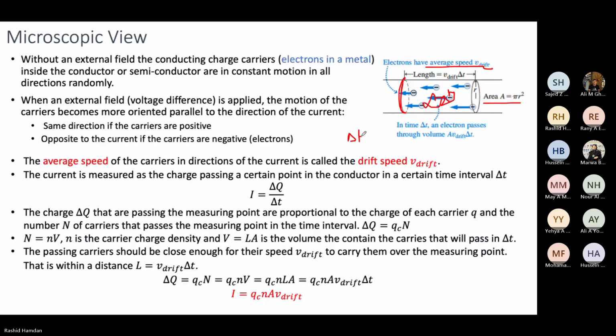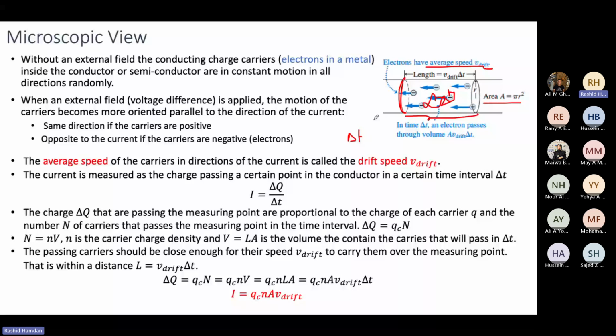Now, the electrons that are going to pass this checkpoint are the electrons that originally, when I started my stopwatch, were close enough for their drift velocity to take them across the line. Let's go back to the school example. We are having an exam, and I announce that you have 5 minutes left to finish the exam and hand it in. The people who will finish and reach the finish line are those who were already close enough to the finish line to pass it.